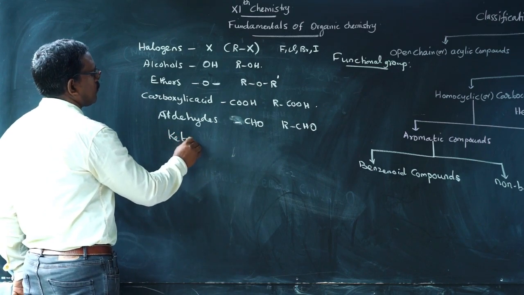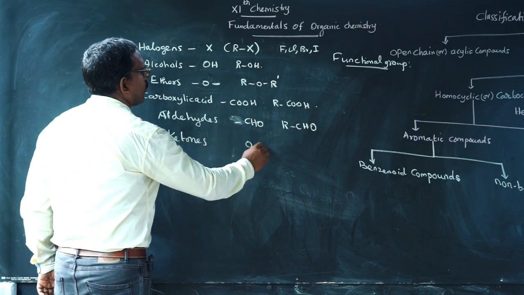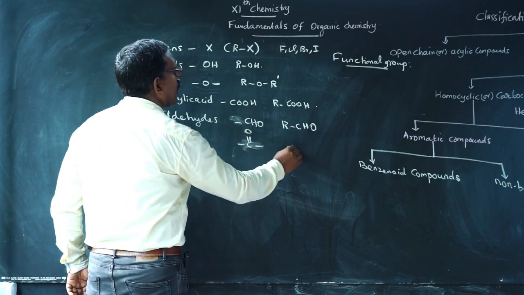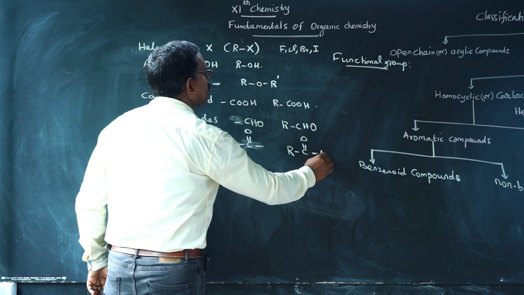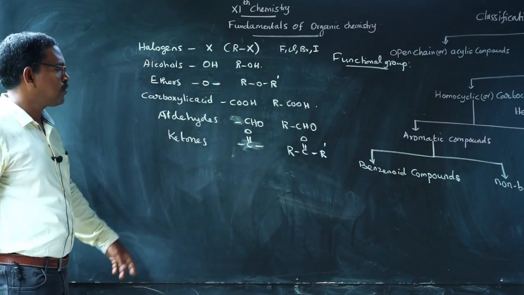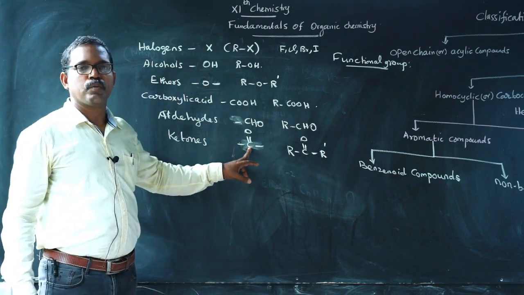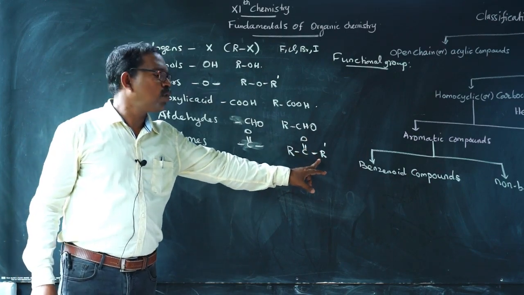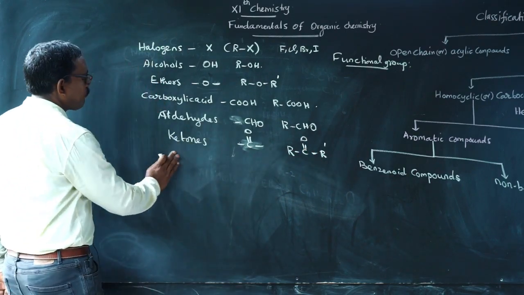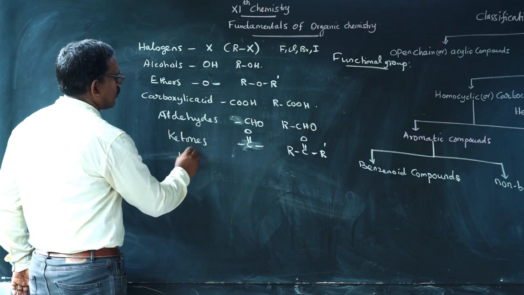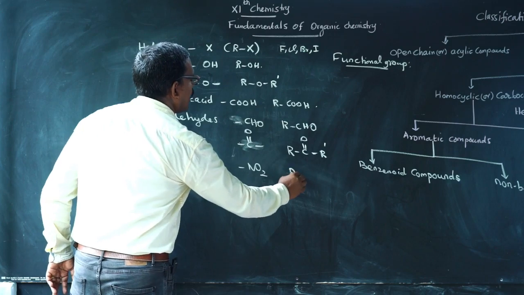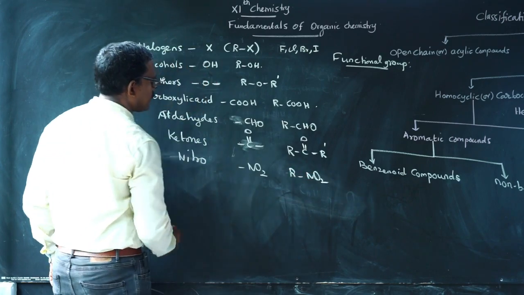Ketones: C double bond O, represented as R C double bond O R'. The functional group of a ketone is CO. Nitro compounds: NO2, represented as RNO2.